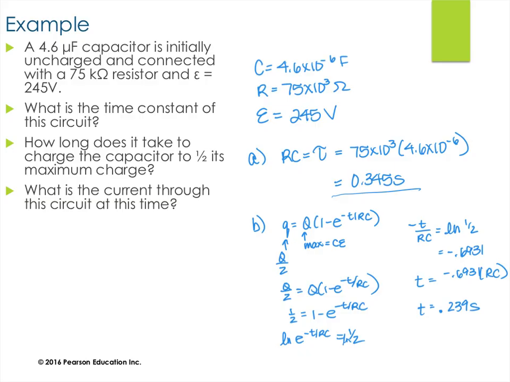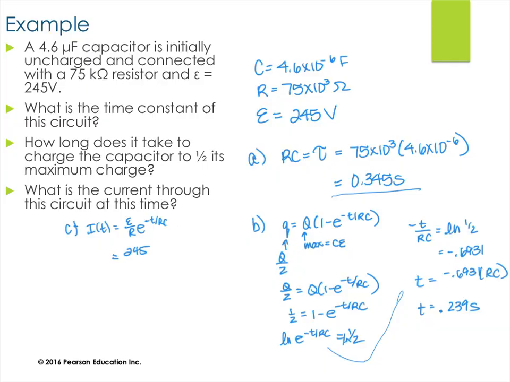And finally, when solving these types of expressions, when you have the natural log and this e, you might want to review that, because you will have to do that if you have one of these problems, which is the second learning objective. And then finally, the current through the circuit at this time, we'll just plug into this expression.